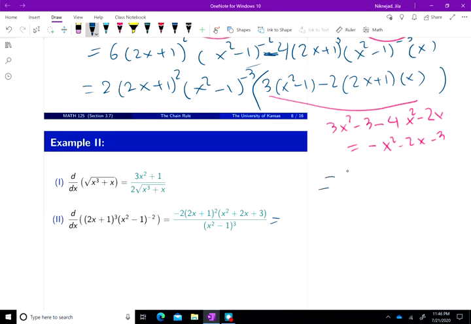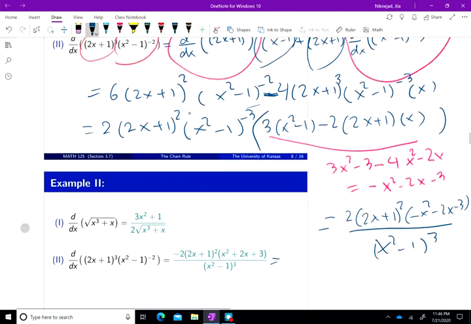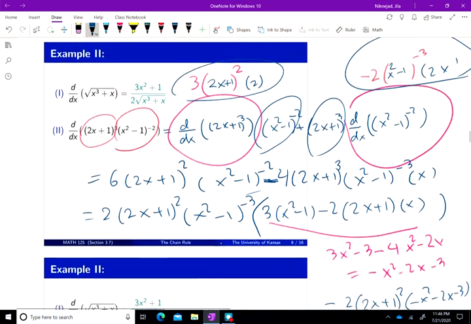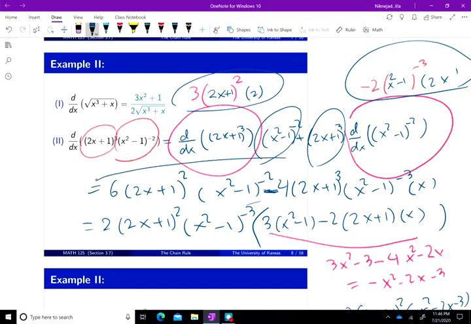It's 2 times (2x plus 1) to the power 2 times this, divided by (x squared minus 1) to the power 3, if I bring that to the denominator. So we cleaned up the factoring and we rewrote it, and this is what we end up with. This part was good enough for the gateway questions.